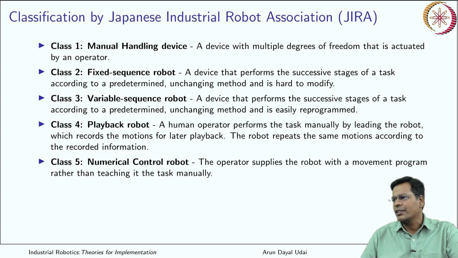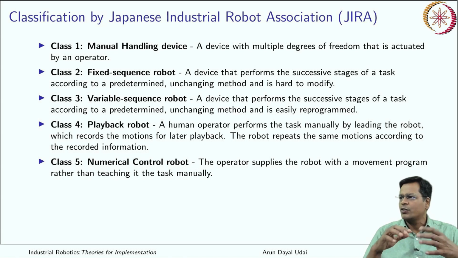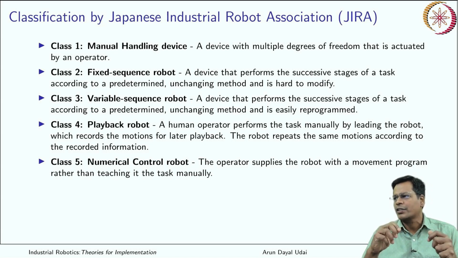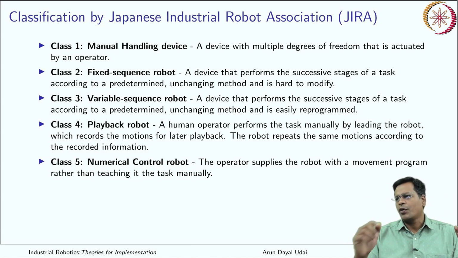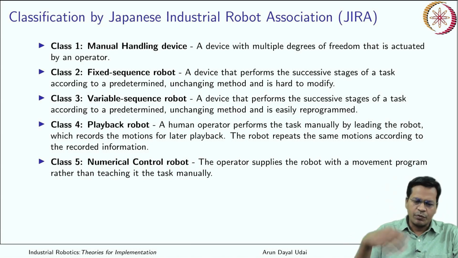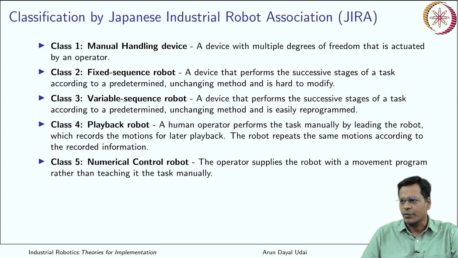Rather than teaching, you can program for a certain type of motion, and the robot can simply repeat what has been programmed. Let's say I have programmed my robot to follow a profile, and it will simply follow that profile, maybe for n number of times.